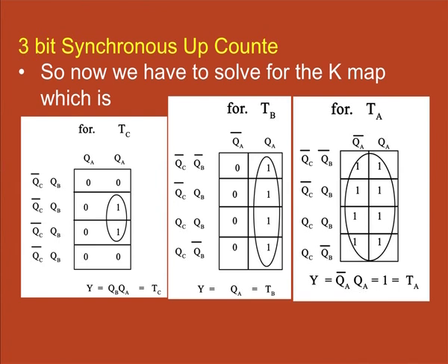Similarly, for TA we can get the K map shown in this slide, and if we solve it, we will get y equal to QA bar dot QA, which is equal to 1, and that is the input of the A flip flop, that is TA.